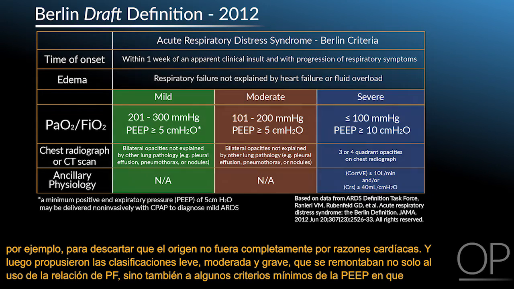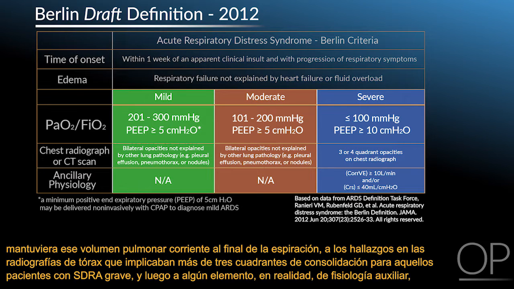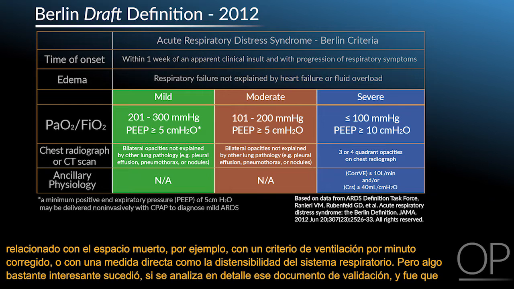And then they proposed mild, moderate, and severe classifications, which went back to not only using the PF ratio, but also some minimal criteria for PEEP to keep that tie to end expiratory lung volume, chest X-ray findings that involved more than 3 quadrants of consolidation for those with severe ARDS, and then some element actually of ancillary physiology, like something that would tie back to dead space, for example, with a corrected minute ventilation criteria, or a direct measure like the respiratory system compliance.